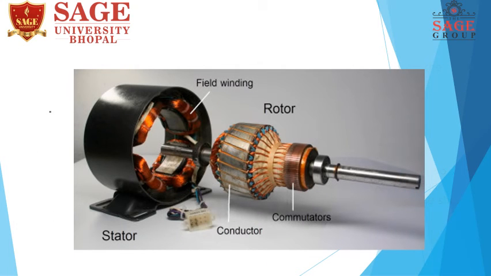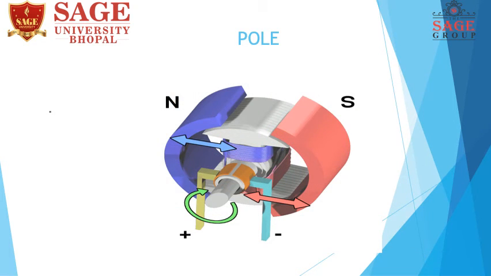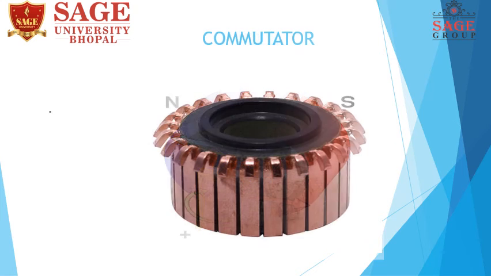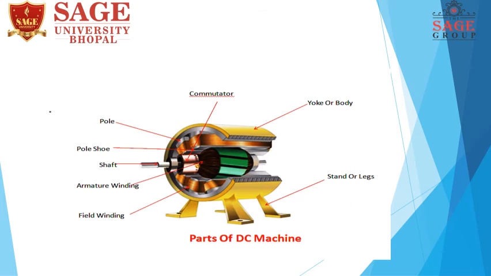And this is the picture of the rotor or stator portion. This is the stator and this is the rotor section. This is the pole N and S. This is the commutator, and these are the parts of a DC machine: yoke, stand or legs, armature winding, field winding, shaft, pole shoe and pole.